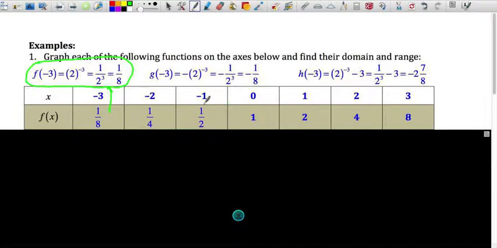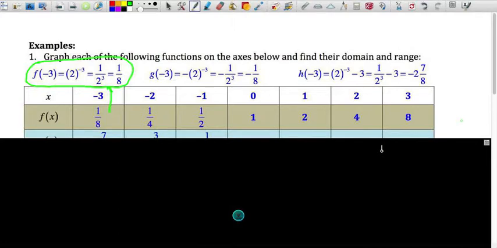I haven't shown all of them, but as you can see here, x is minus 2, y is a quarter, x is minus 1, y is a half, and so forth. And as you can tell from each of these, as you go from value to value, we are multiplying by 2. So our growth factor, if you will, is an increase of 2 each time.